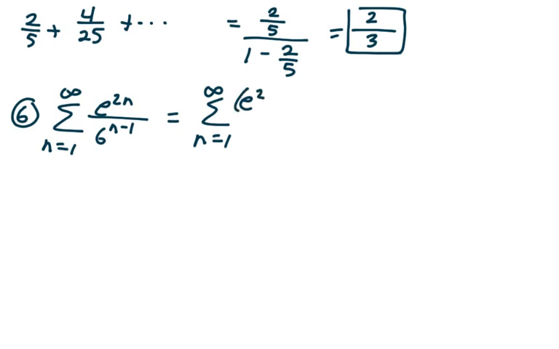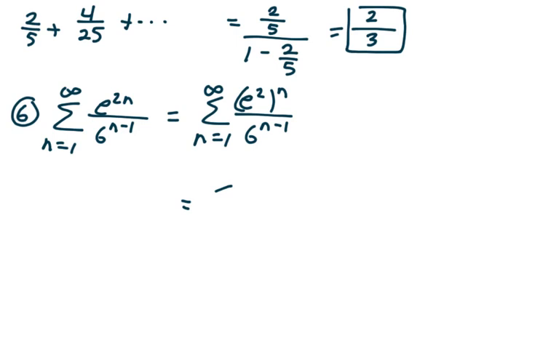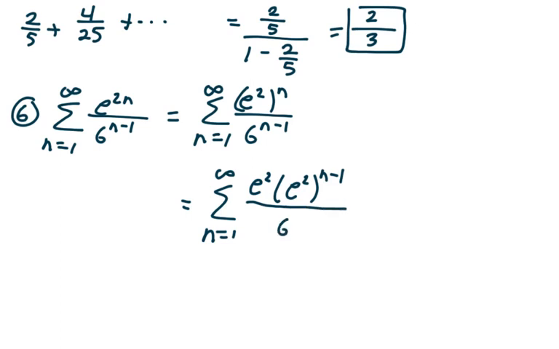So I have the summation from n equal 1 to infinity of e squared to the n divided by 6 to the n minus 1, right? Is that okay? So this is the summation from n equal 1 to infinity of e squared times e squared to the n minus 1 divided by 6 to the n minus 1.